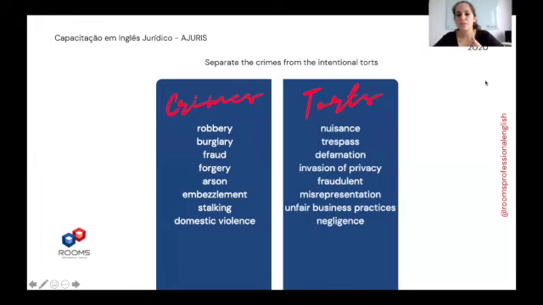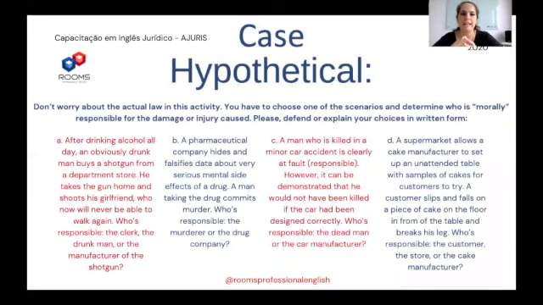And nuisance, trespass, defamation, invasion of privacy, fraudulent misrepresentation, and unfair business practices, as well as negligence, as in the category of torts, illegal civil wrongs. Remember what torts are.